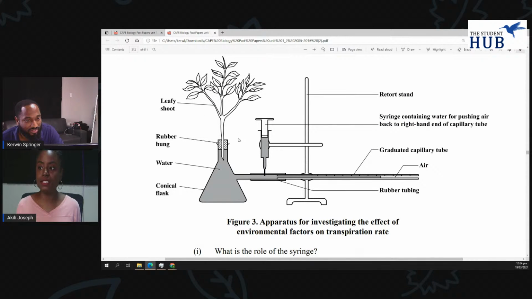So if you said that you want to ensure that both bunches have the same number and size of leaves, you're going to say ensure that both bunches have the same number and size of leaves to ensure that they have the same number of stomata on their upper and lower surfaces. So just providing a brief reason, that is an explanation as opposed to just listing a precaution, right?